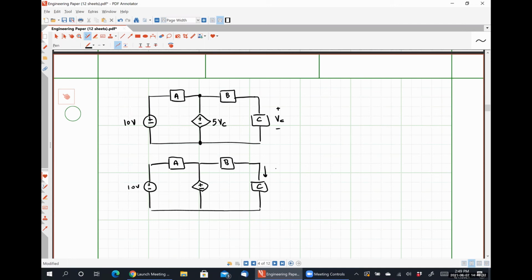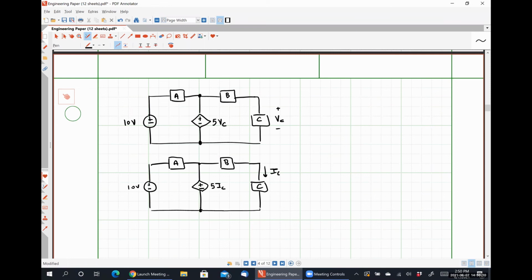But I'm going to say that I have some current IC that flows through my circuit element C with this particular direction. My dependent voltage source now provides 5 volts per amp times the amount of current that's flowing through element C. So that 5 implicitly has units of volts per amp, so that when I multiply 5 times that current, I get a voltage.